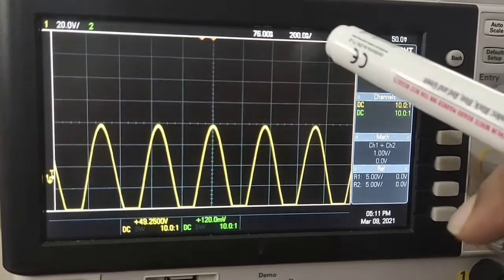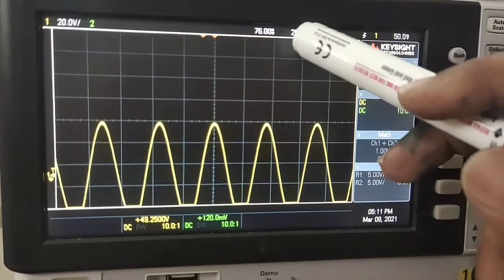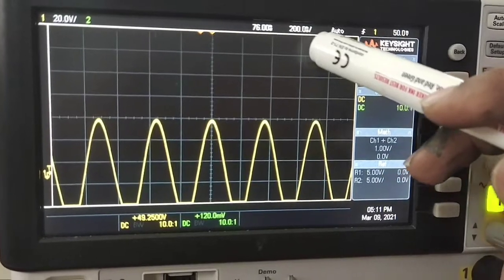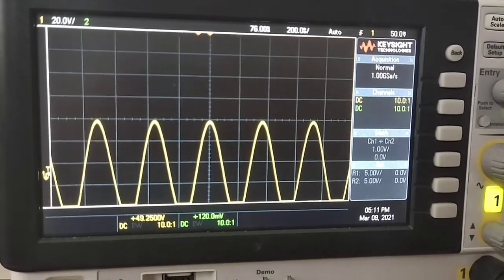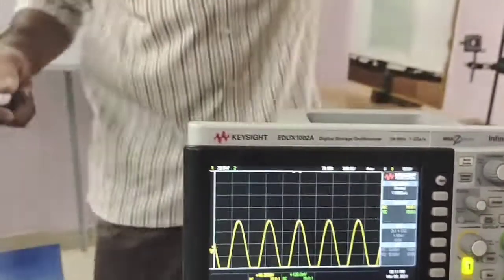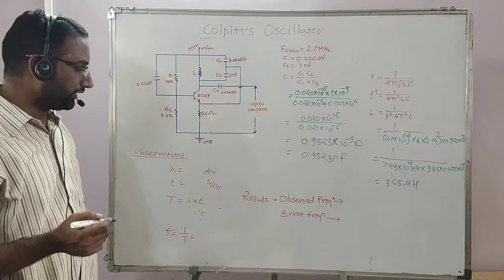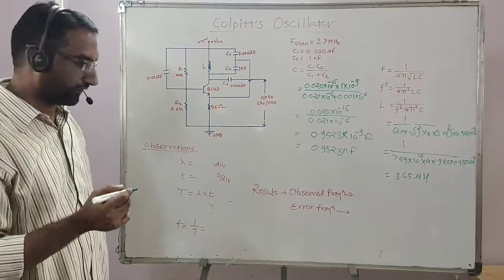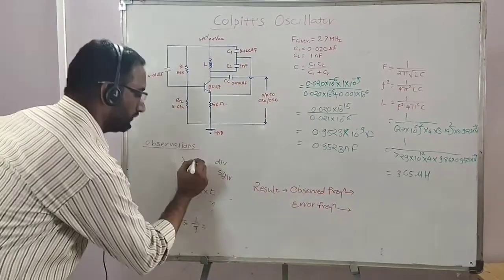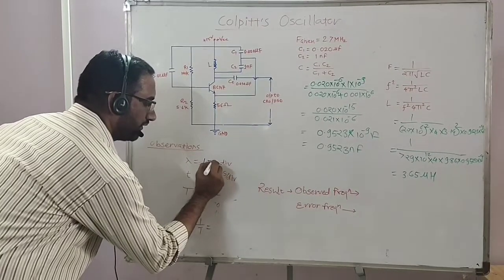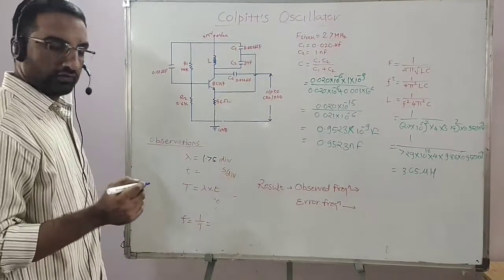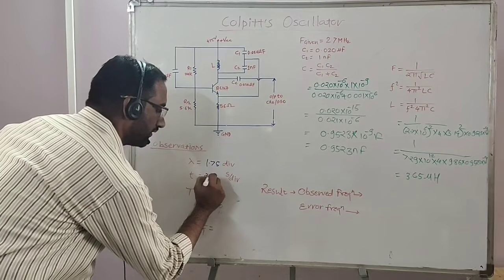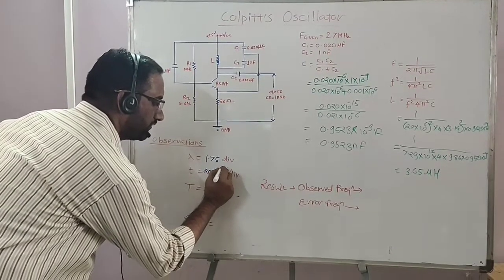Time per division, what is the time per division? Time per division is 200 nanosecond per division. So I am writing the wavelength of that wave which is observed on the CRO. The wavelength of this wave is 1.75 division. Now time per division is 200 nanosecond per division.